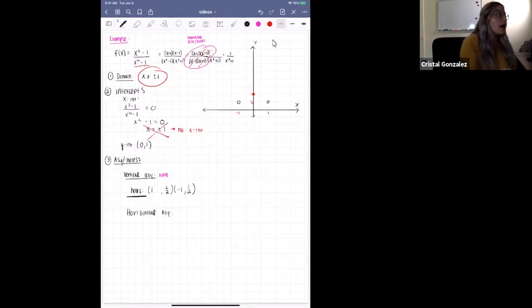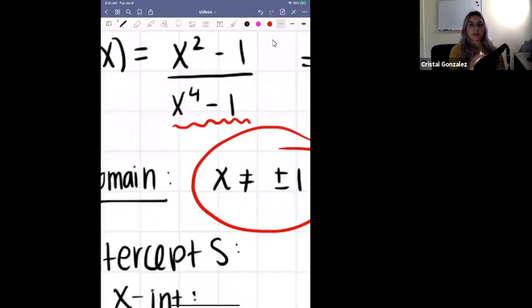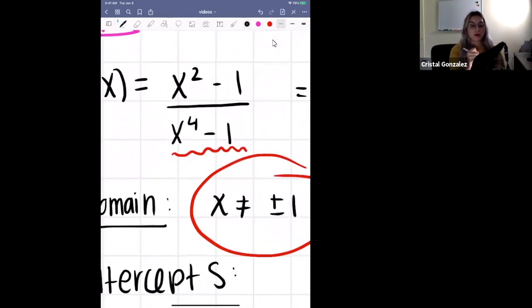And remember that in your 125 class, you might have learned that our horizontal asymptotes happen if the degree of the top is less than the degree of the bottom, then you have a horizontal asymptote at y equals 0.